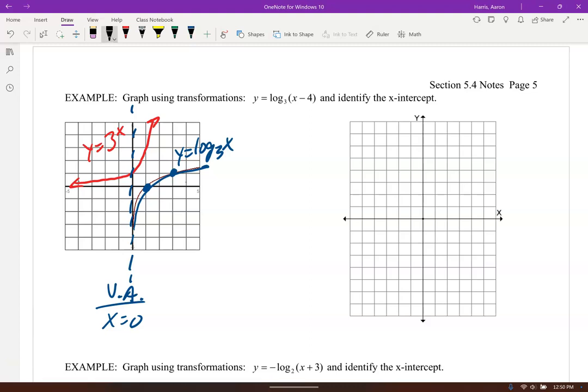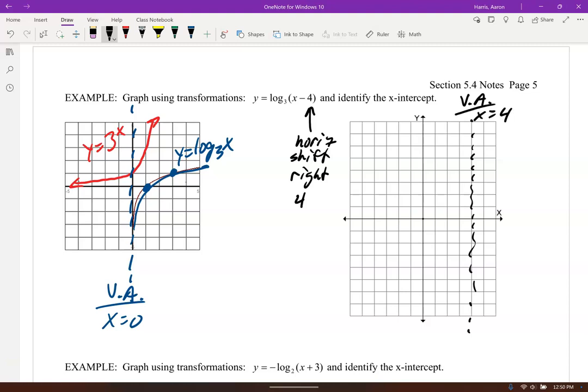So what does that minus 4 do? Well, that's going to horizontal shift it right 4. So instead of x equaling 0 being the vertical asymptote, I move that right 4. And here's our new vertical asymptote of x equaling 4.